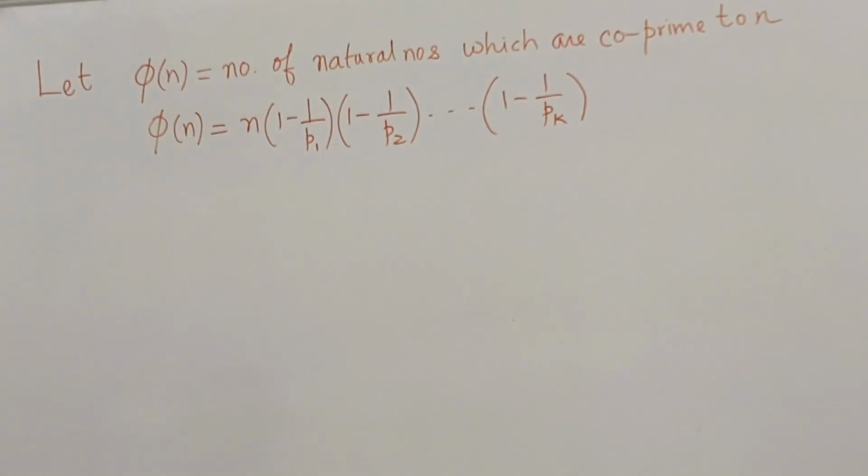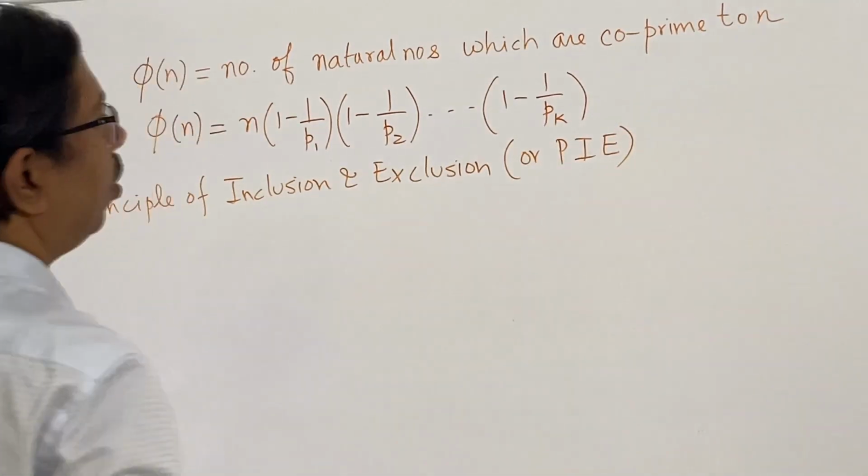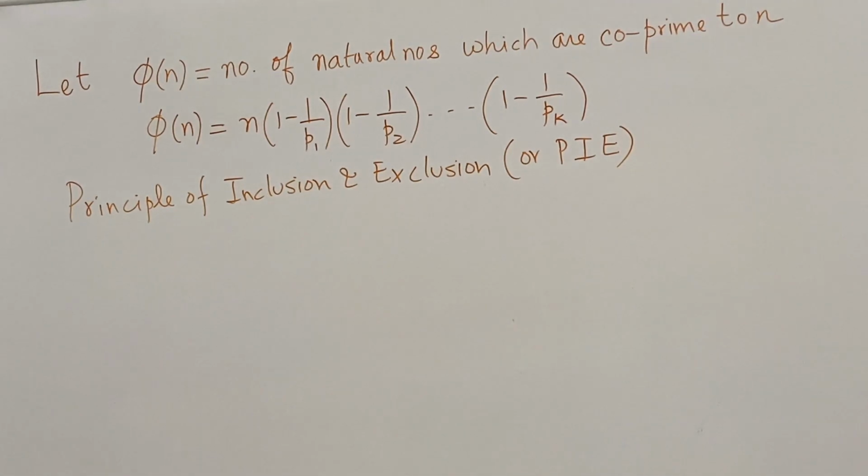For the general case, we will require the principle of inclusion exclusion, generally represented as PIE. What does the result say?